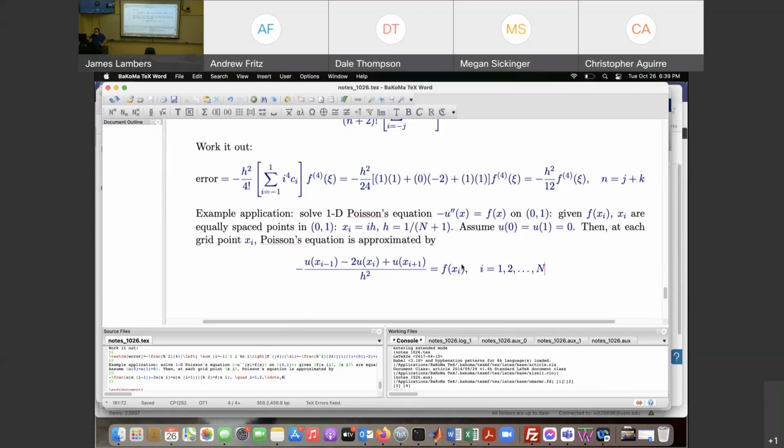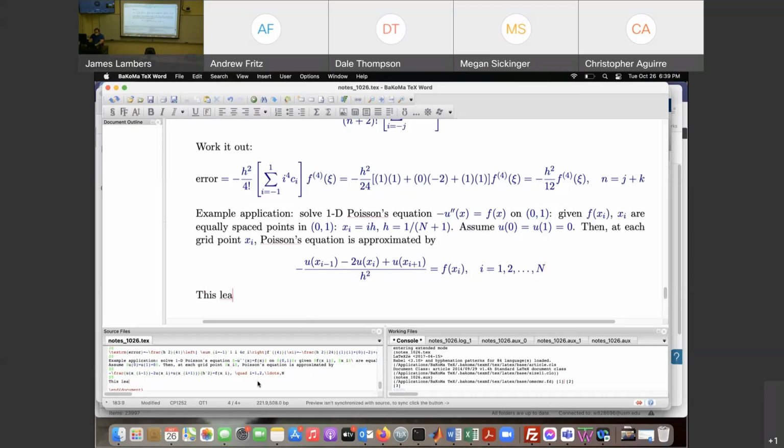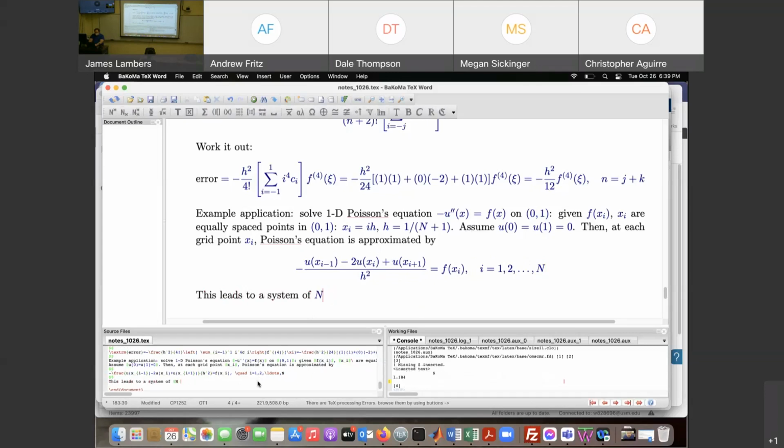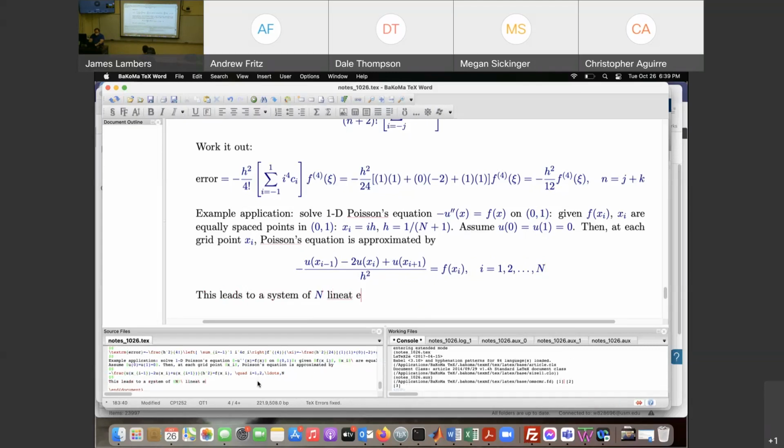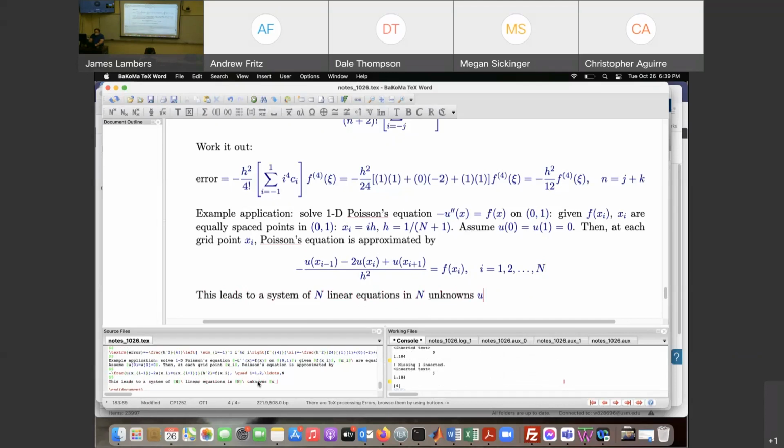So what I have here are N of these equations in N unknowns, linear equations. I'll call them u_i, which is an approximation of u(x_i), just for convenience.